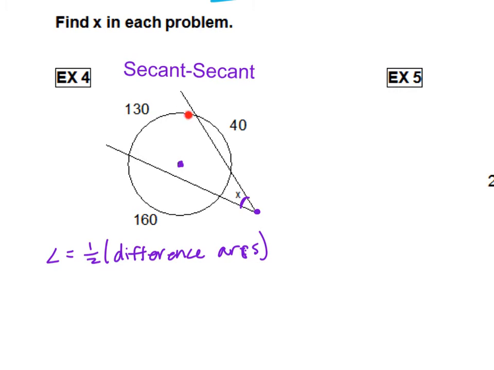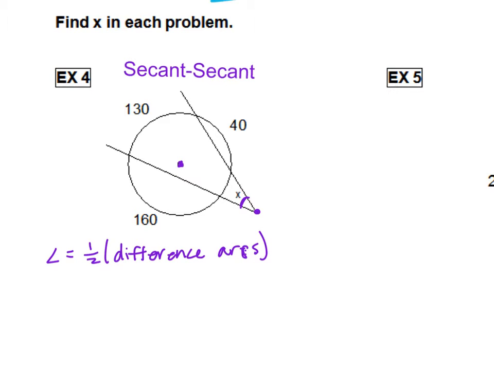So we know that this one is 130. That's great. We don't know what this one is. So do we have any way of finding that out? Well, they told us all the other arcs in the circle. And if you remember, if you go all the way around a circle, all those arcs should add up to 360 degrees.